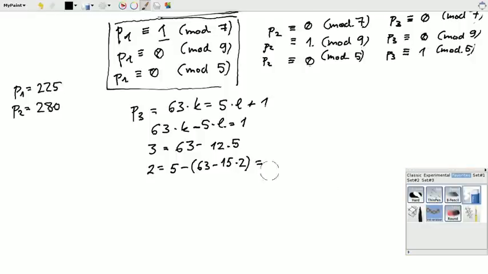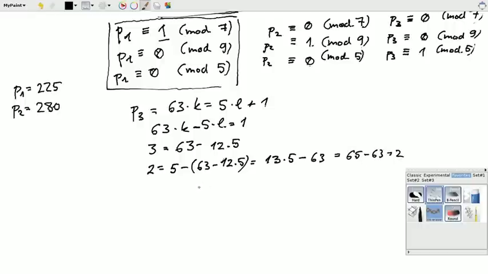Oh, I made a silly mistake. This should be actually 12 times 5. So that would be 13 times 5 minus 63. I'm going to double check that this fits. 13 times 5 is equal to 65 minus 63 is equal to 2.